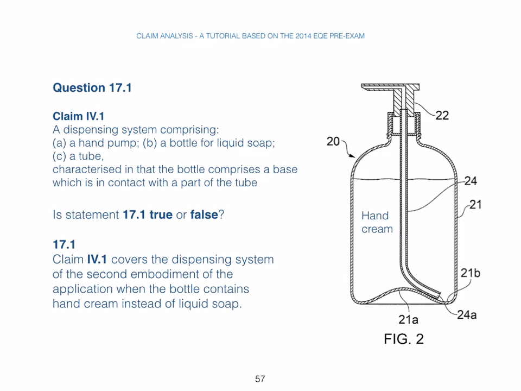And the statement is about the meaning of the term a bottle for liquid soap. Does a bottle for liquid soap cover a bottle containing hand cream? So is figure 2 as modified by hand cream covered by claim 4.1? True or false? And we will go to the next question.